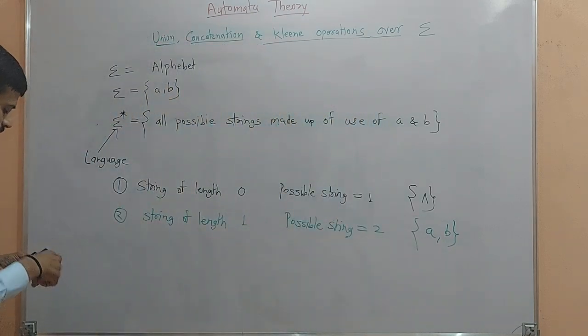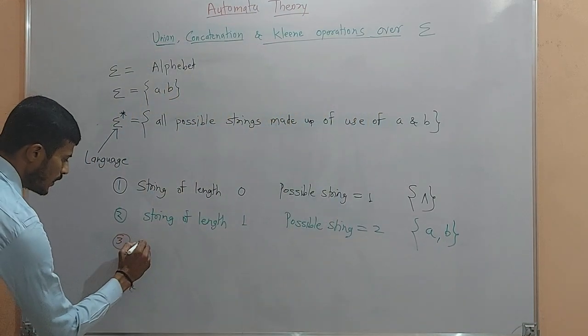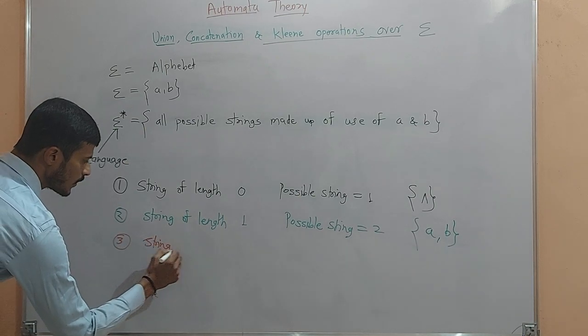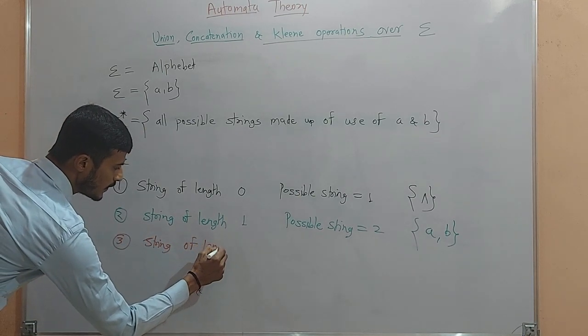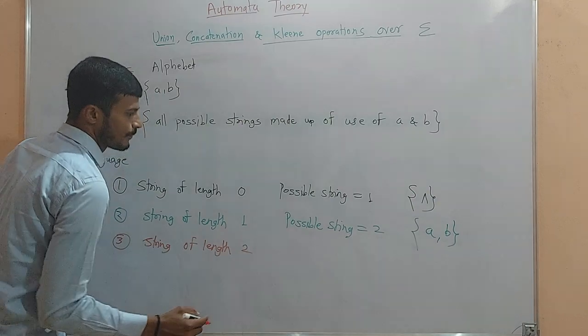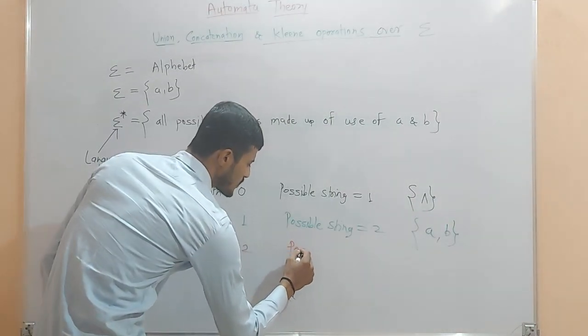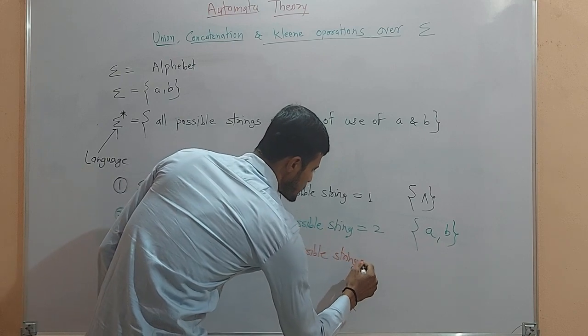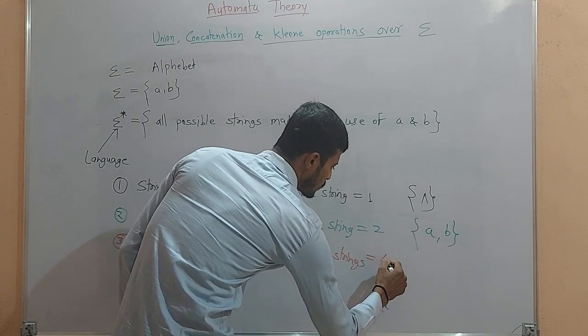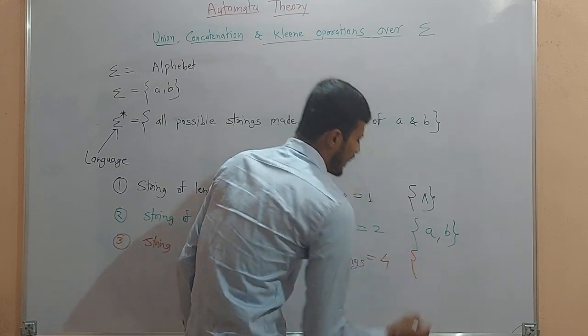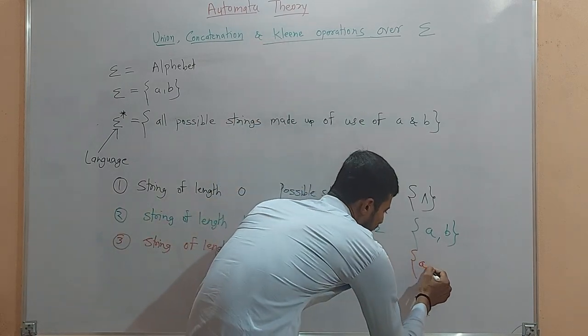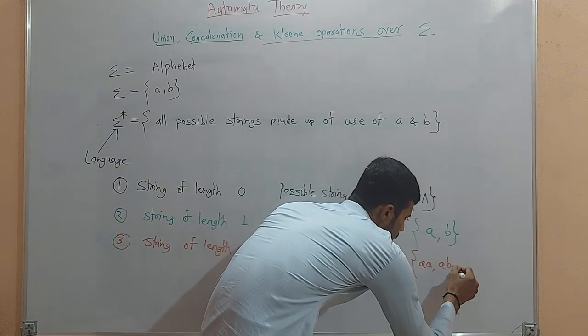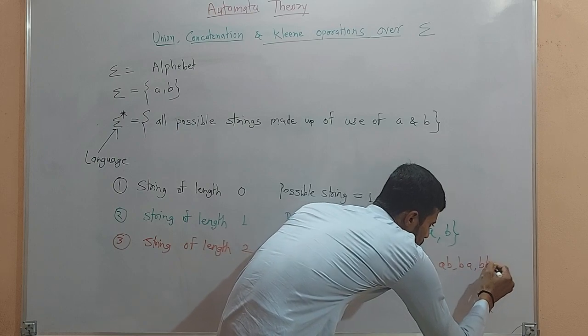Then talking about a string of length 2, how many strings are possible? Possible strings will be equal to 4, and that will be nothing but AA, AB, BA and BB.